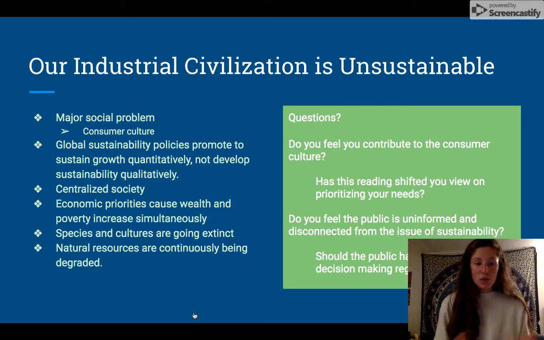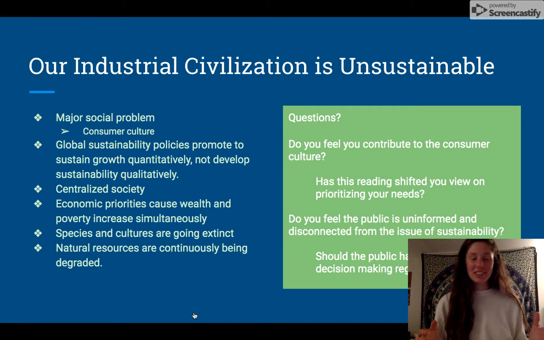Finally, our natural resources are continuously being degraded. The more we use our natural resources, the less we have, and we do not have enough to keep going on. I think in the reading somewhere it said that if everybody wanted to live like Americans, we'd have to have 4 more worlds, which is pretty crazy.